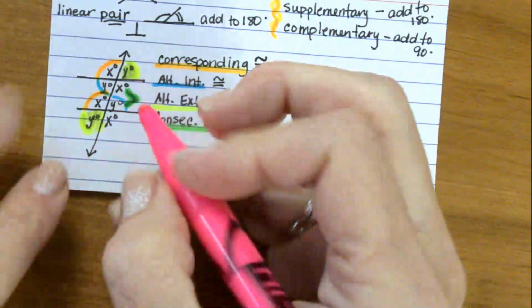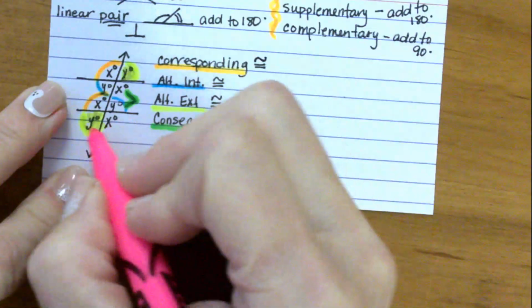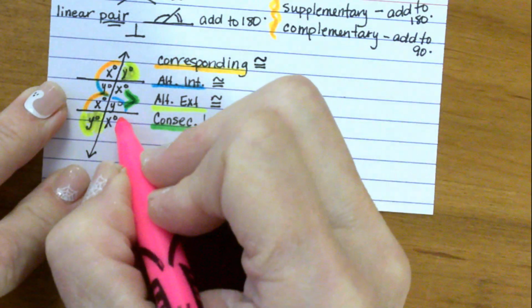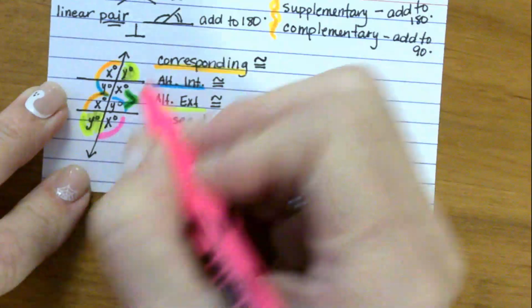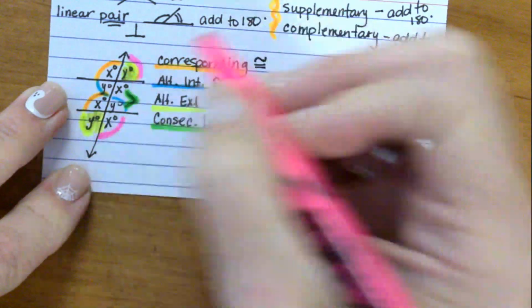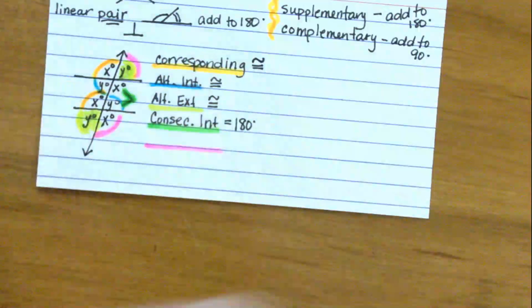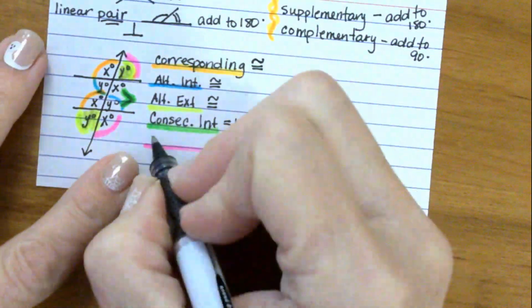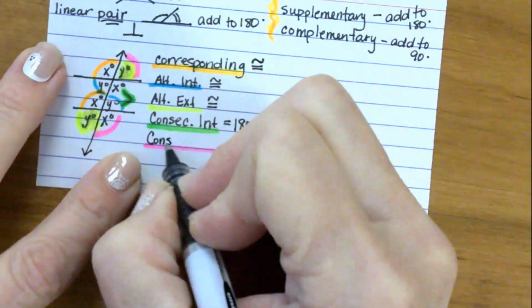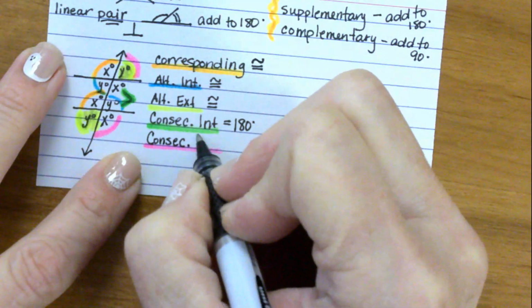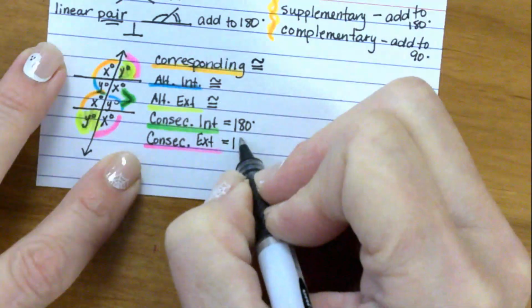So let me choose this X down here and that Y up there. Consecutive exterior. Those are going to add to 180.